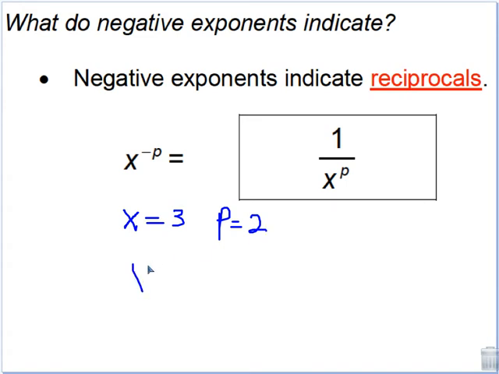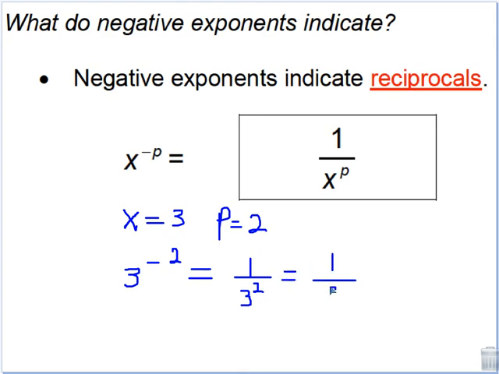So if you had x to the negative 2 power, what you would actually have is, man, I replaced my x with a 3 and then I just wrote an x again. Sorry about that. So if we had 3 raised to the negative 2 power, what we'd have is 1 over 3 squared, which would just equal 1 over 9.